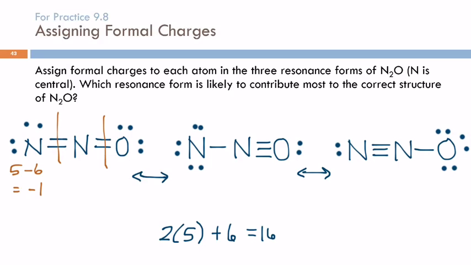Here's another nitrogen. 5 valence electrons minus how many does it own? 4. So that's +1. And how about this oxygen? 6 minus 6. So this one's 0. So the formal charge on this nitrogen is -1. On this nitrogen, it's +1. And on the oxygen, it's 0.